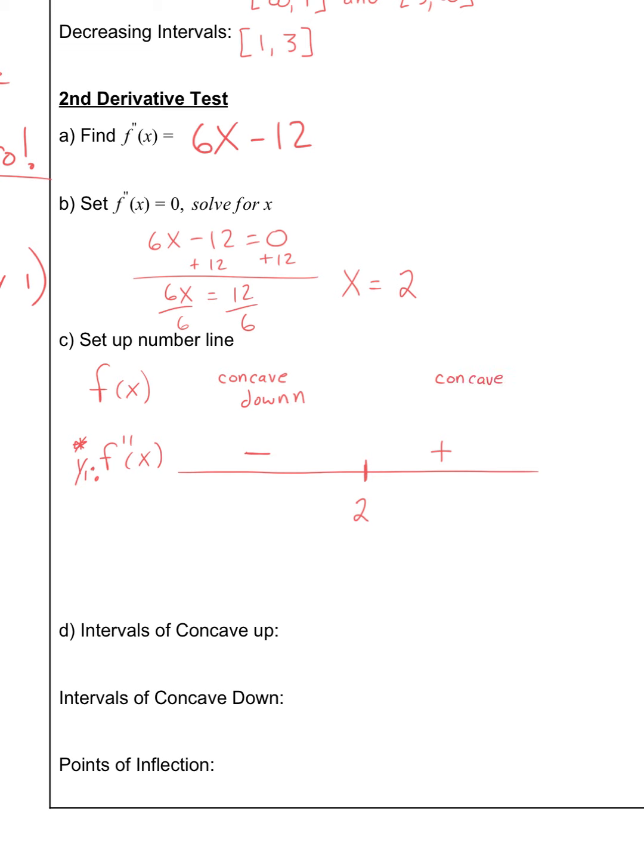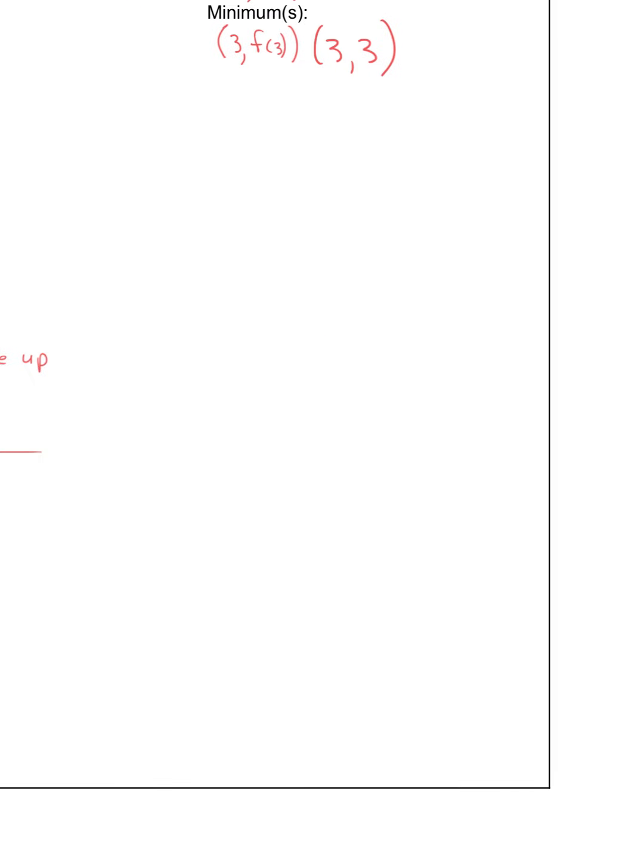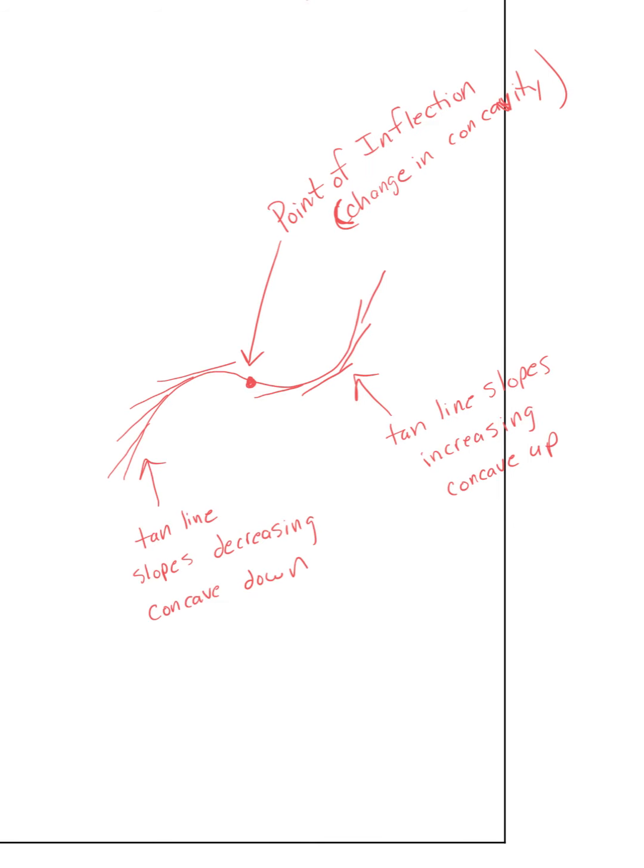Now what is concave up and what is concave down? We're going to go off to the side here. The easiest way I can tell you about concavity is what happens to the tangent lines as you go from left to right. Let's look at this cubic curve. I drew in some tangent lines for you.